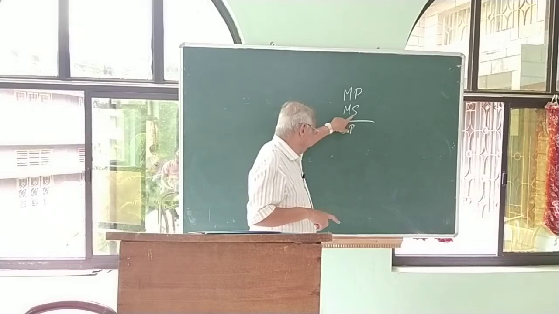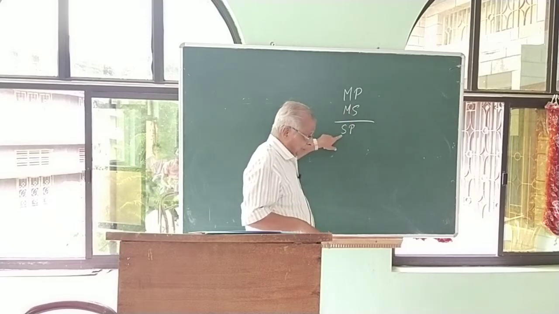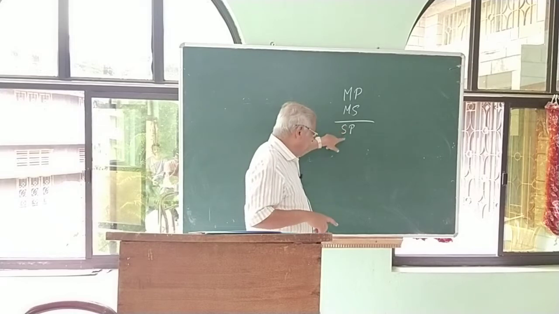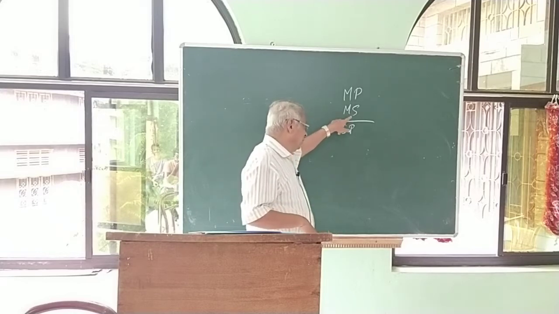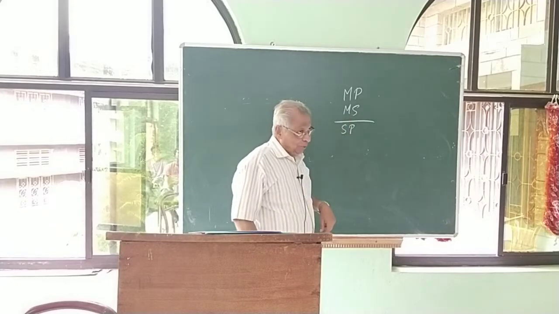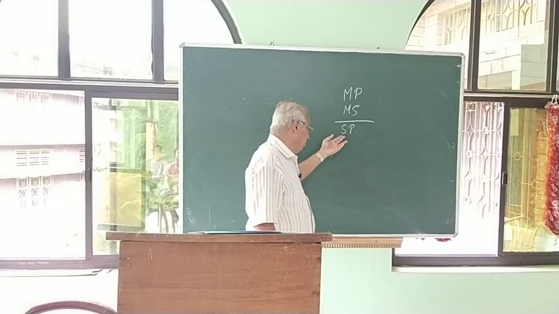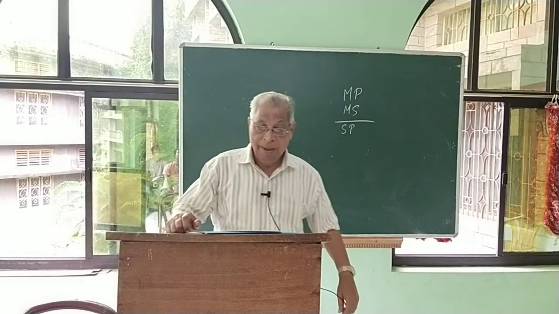If this is particular, naturally this also has to be particular, because no term in the conclusion can be more extensive than in the premises. Here it is only particular. Naturally it cannot be universal. So this also has to be particular, and for which we are saying the conclusion will be particular.